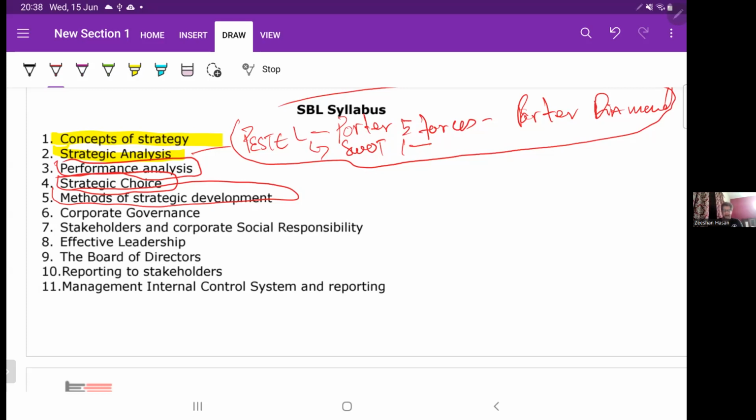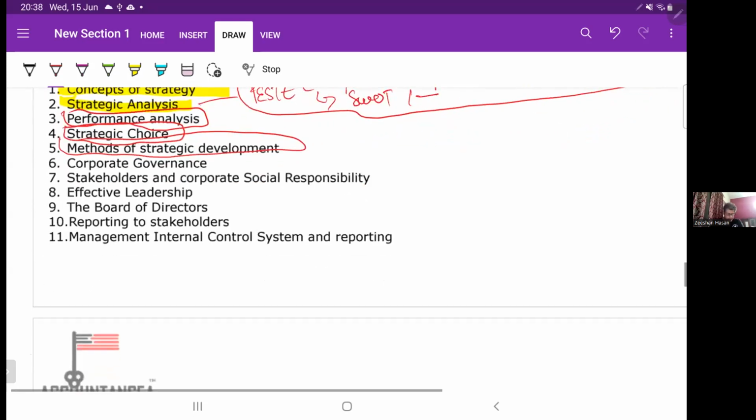That's all will be covered in it, including the guiding principles and the stakeholder relationships and all.